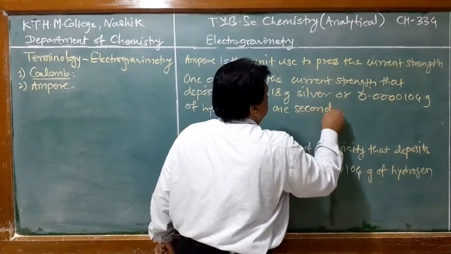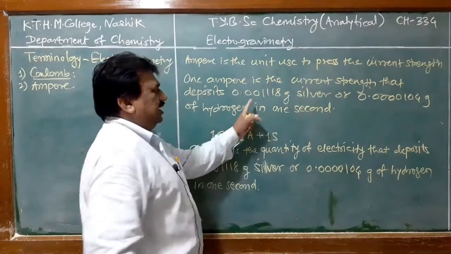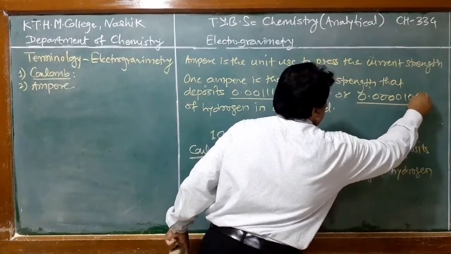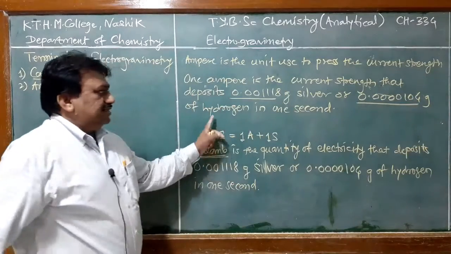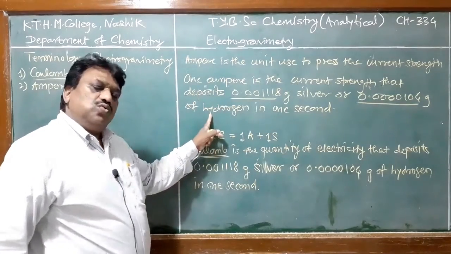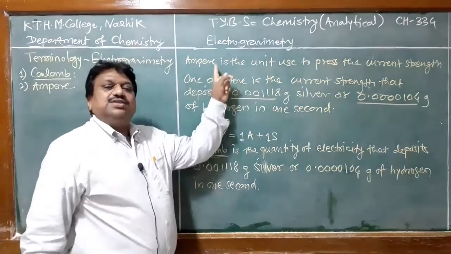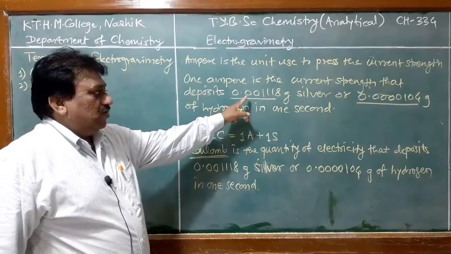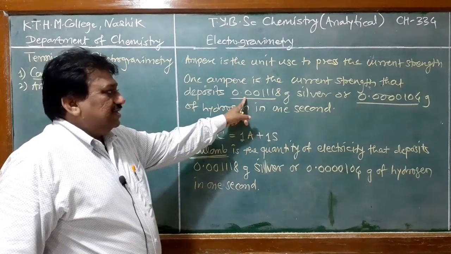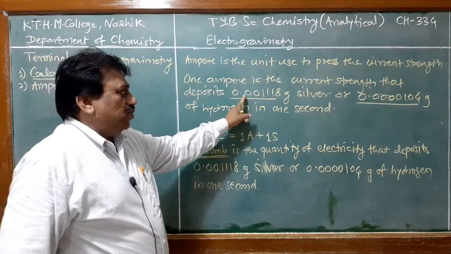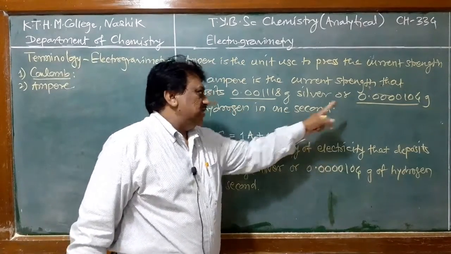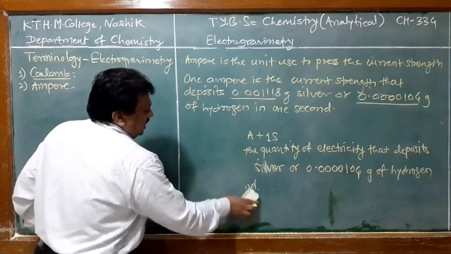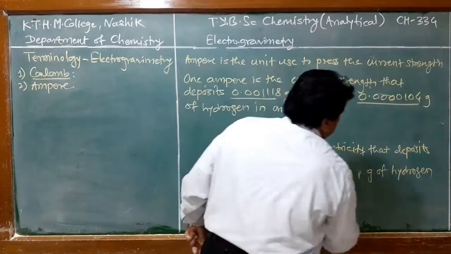That current strength is called ampere. Therefore, it is a unit used to express the current strength.